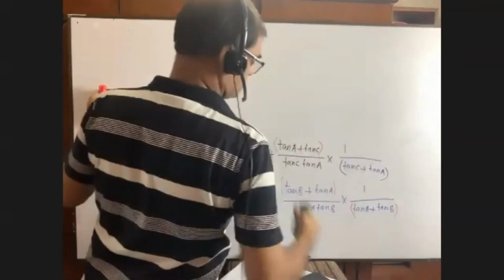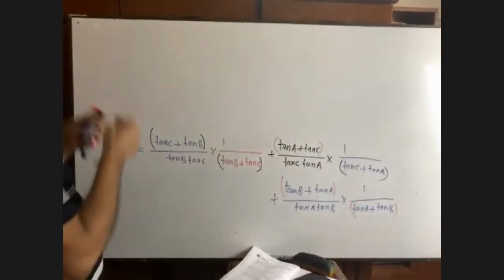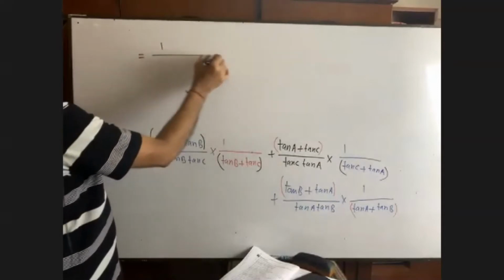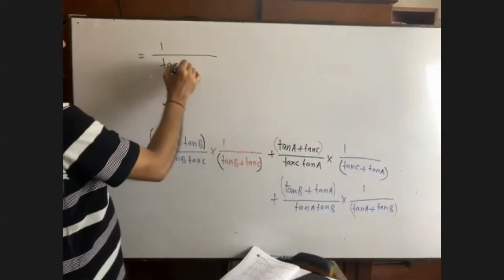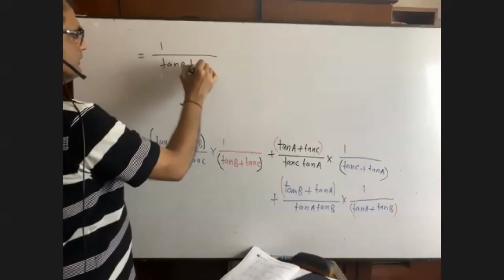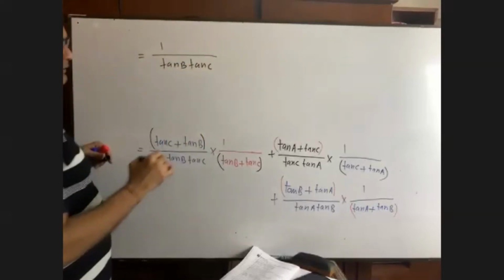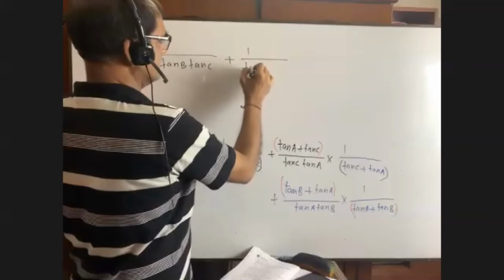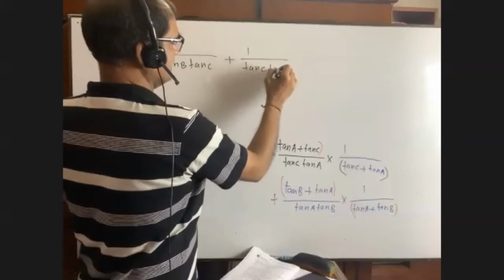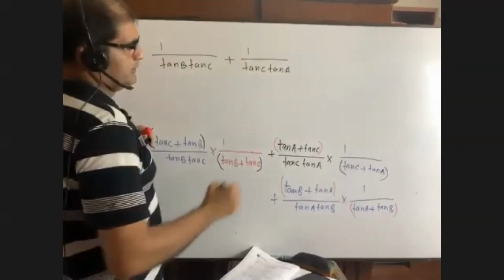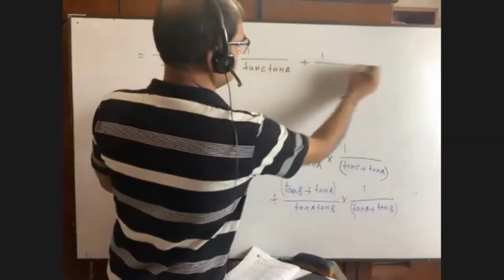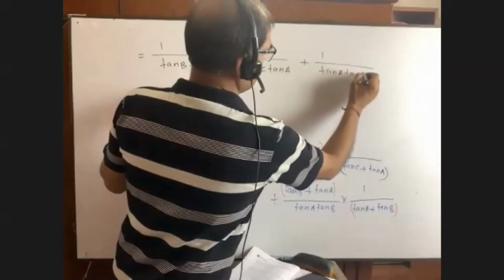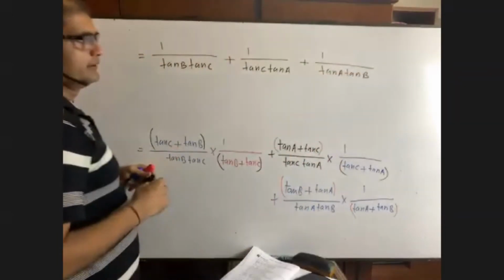We will be left with 1 by tan B tan C, then 1 by tan C tan A, then 1 by tan A tan B, right?